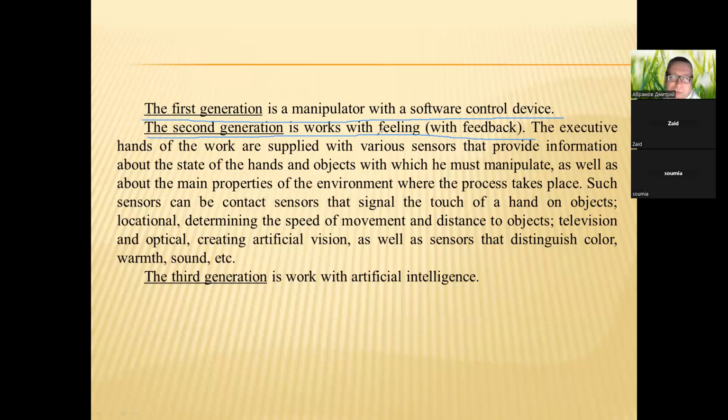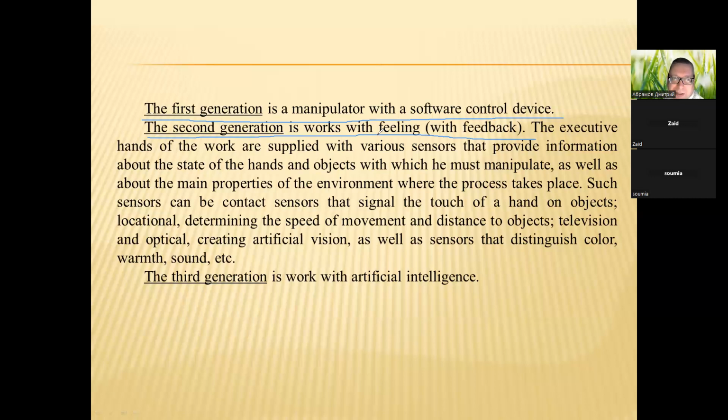The executive hands of the robot are supplied with various sensors that provide information about the state of the hands and objects with which it must manipulate, as well as about the main properties of the environment where the process takes place.